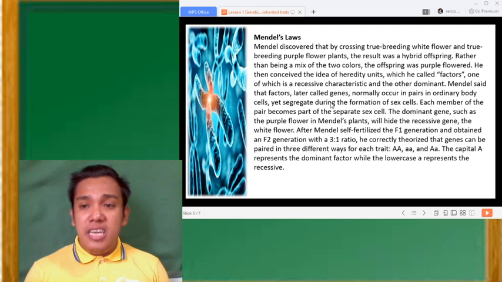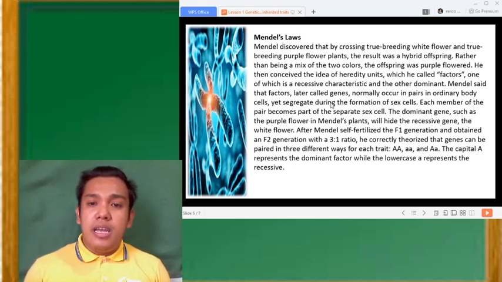The dominant gene, such as the purple flower in a Mendel plant, will hide the recessive gene, the white flower.